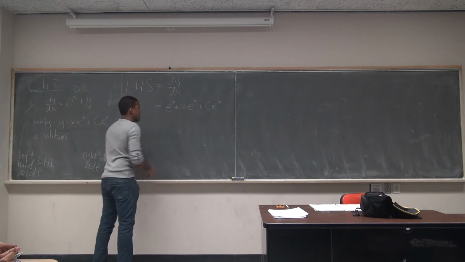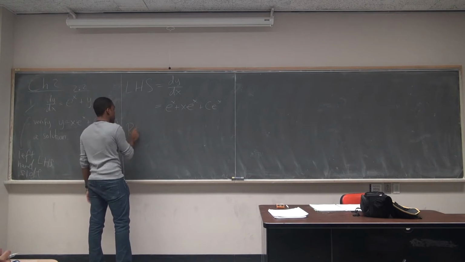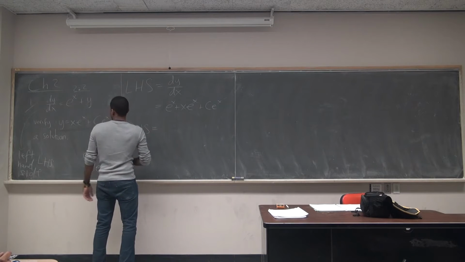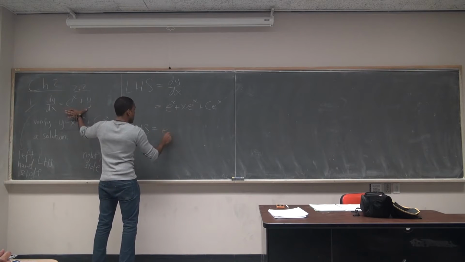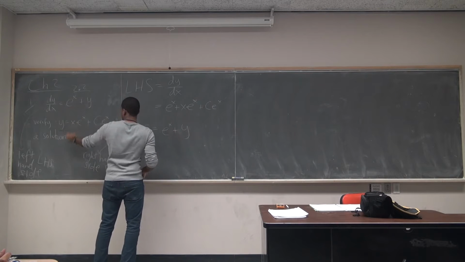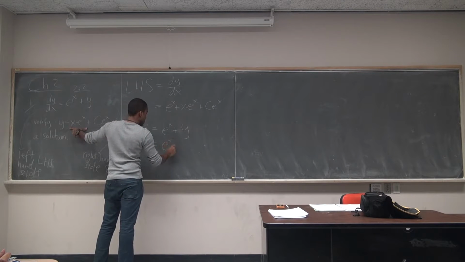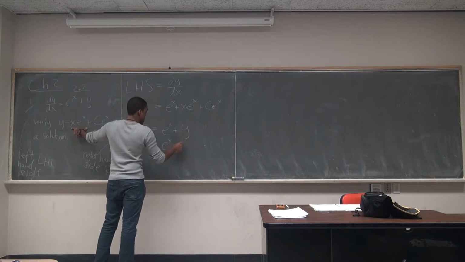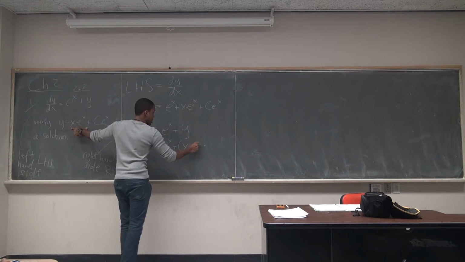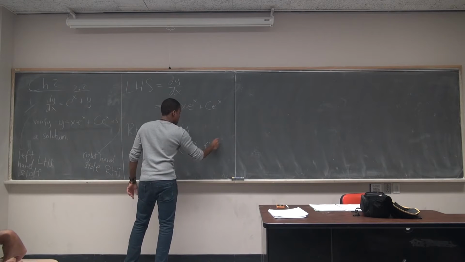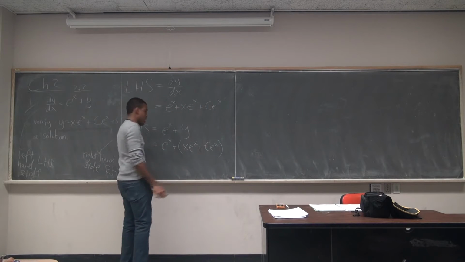I can't really simplify that, so I'm going to move on to the right-hand side, which is e to the x plus y. Assuming this is my y, and I plug it in here, I get x e to the x plus c e to the x. That's what I had there.